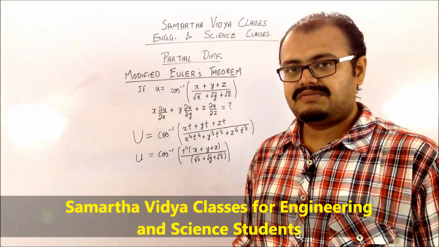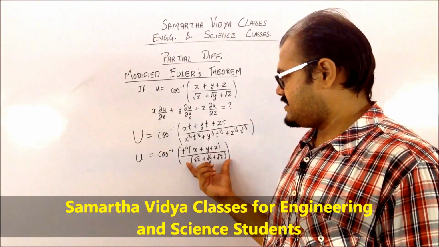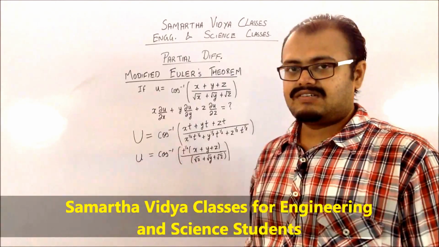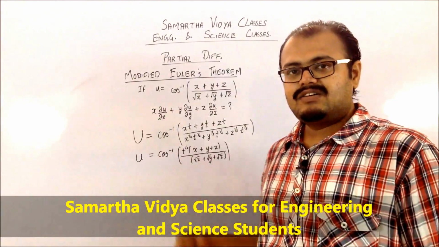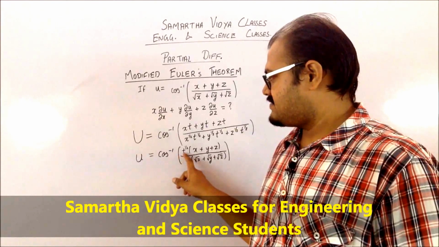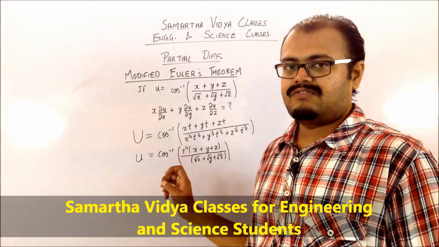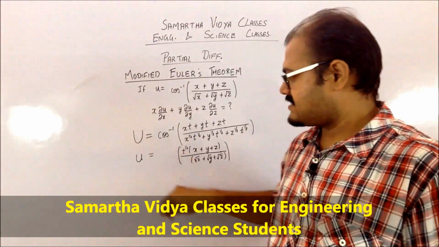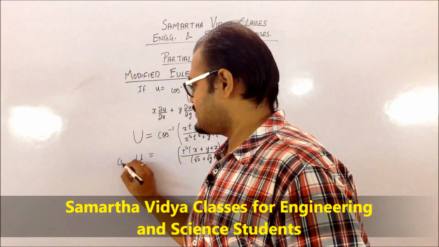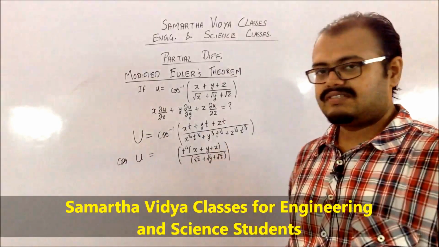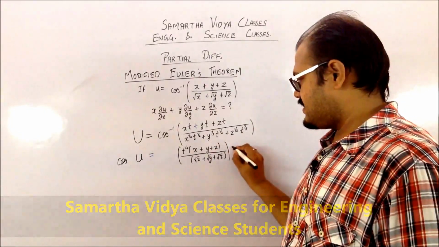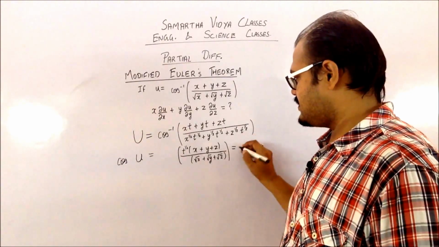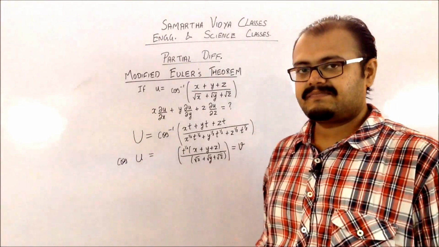Now if you consider this particular part, ignoring the cos inverse, it is a homogeneous function because you have t raised to half coming out of it. So what you can do simply is take the cos on that side and write this as cos u is equal to this thing. Let it be equal to some other variable, let us say v.